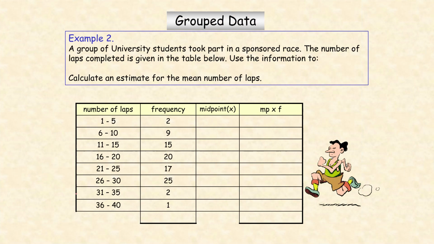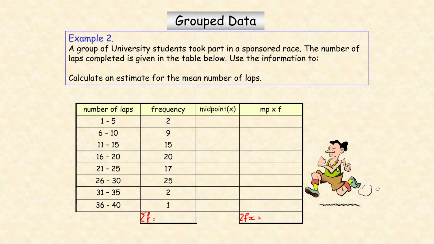Okay, now you know at the end here we're going to have to find the sum of the frequency, and here we're going to have to find the sum of f times x. Okay, so hit pause, draw the table, complete the table, and once you've finished, hit play again and we can go through it.